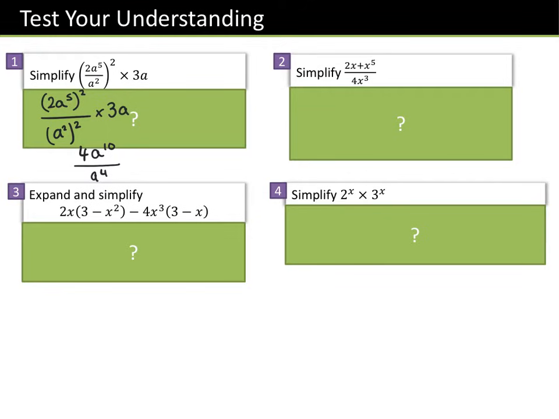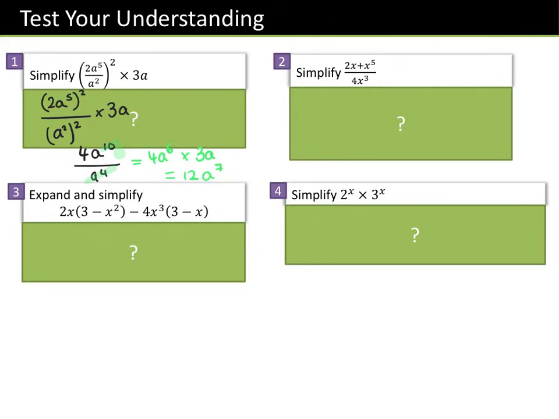Now, because they have a common factor of a to the power of 4, I can actually cancel. So if I take a to the power of 4 from each, this 10 becomes a 6. So this cancels to 4a to the power of 6 times 3a. 4 times 3 is 12. A to the power of 6 times a, we're going to add the powers, a to the power of 7.